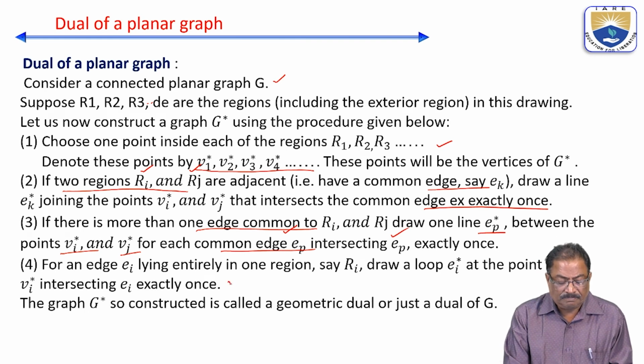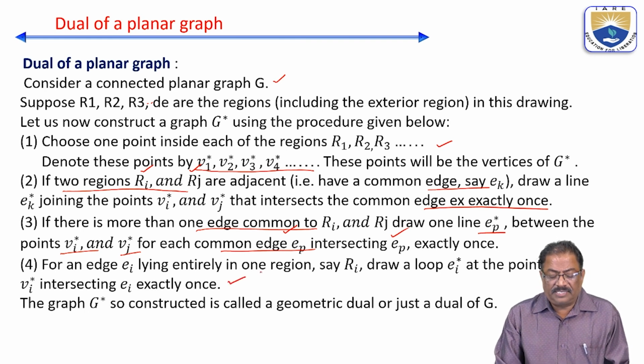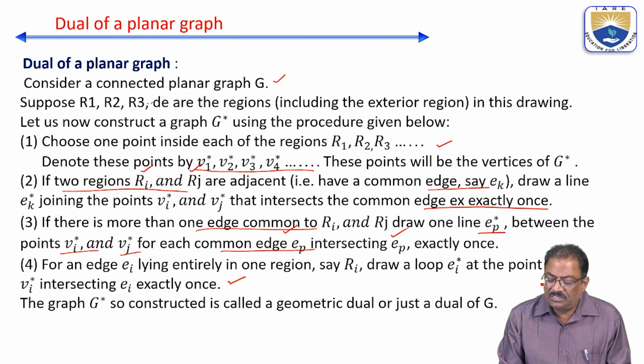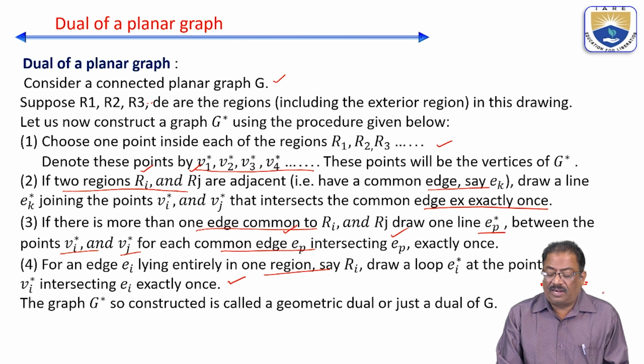Another rule is, for an edge Ei lying entirely in one region, say Ri, draw one loop. Suppose there is an edge Ei which lies entirely in region Ri.